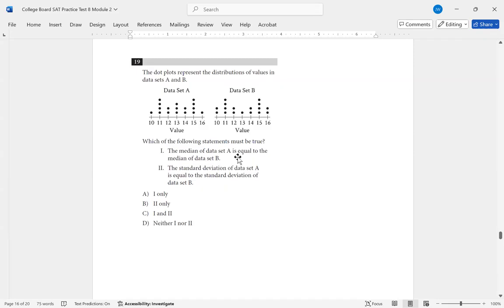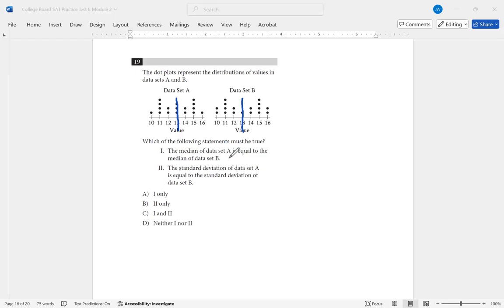Let's try to examine option 1 here. Well, if you think about this, both of these data sets are symmetric, and they're symmetric right at the number 13. In other words, if I drew a straight line down the number 13, both of these data sets have dot plots which are mirror images of each other on those sides. So both medians are going to be at 13.